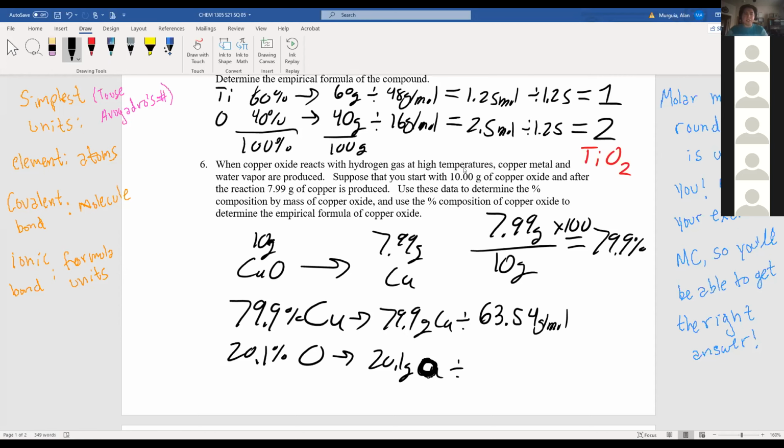What's the molar mass of oxygen? 16. Yeah, 16. I was thinking of the oxygen molecule, but yeah, 16 grams per mole. So now that I divide by that, what value do I get? So real quick, where'd the 16 come from? The 16 is the molar mass of an oxygen atom, which is 16 grams per mole. Okay.